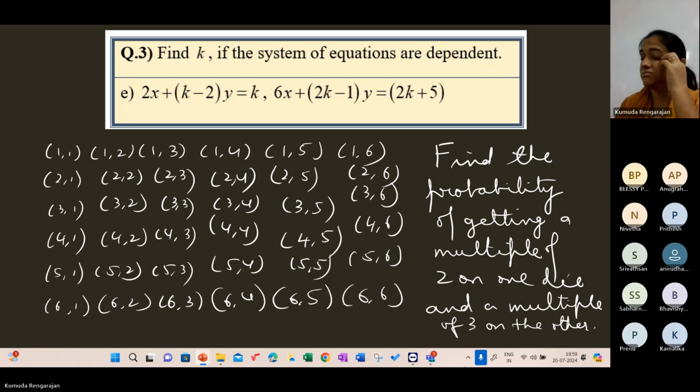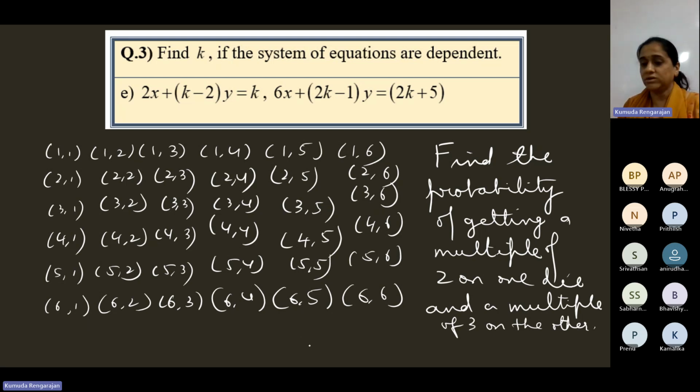Work and tell me the answer. What's the probability of getting a multiple of 2 on one die and a multiple of 3 on the other?